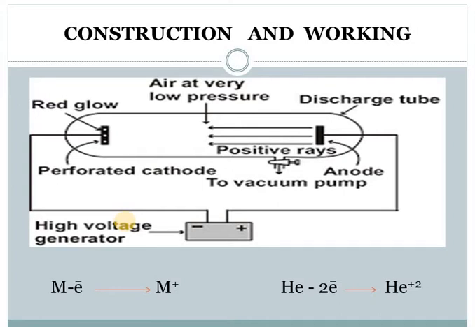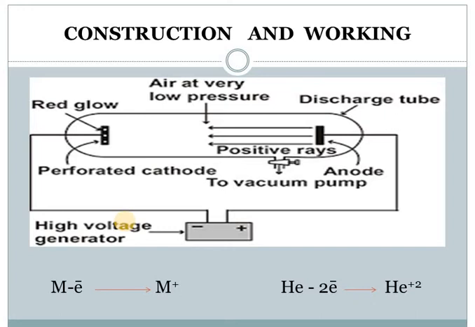Now the leftover material is positively charged. This positively charged material will be attracted towards the negative electrode, which is the perforated cathode. So all the positive rays will go towards the perforated cathode and pass through the holes. As we are naming these holes canals, that's why they are also named canal rays.